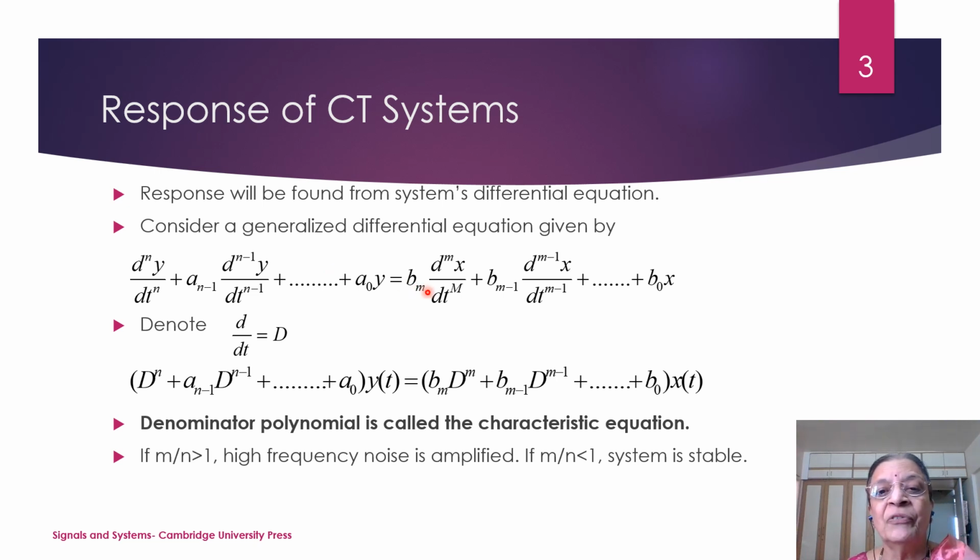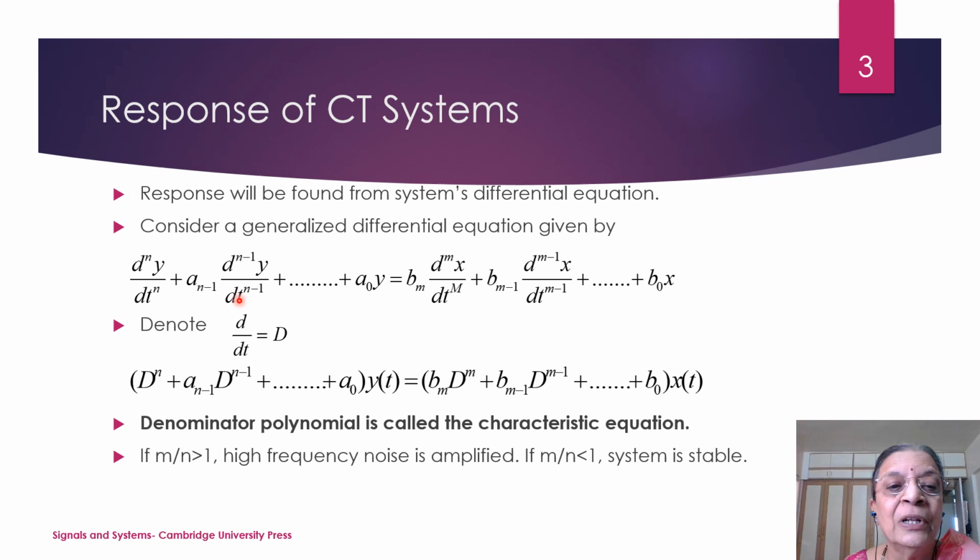A generalized differential equation which gives an LTI system is d^n y/dt^n plus a_{n-1} d^{n-1}y/dt^{n-1} plus ... plus a0 y is equal to b_m d^m x/dt^m plus b_{m-1} d^{m-1}x/dt^{m-1} plus ... plus b0 x. So in this case it is a differential equation with the order n on the left and m on the right.